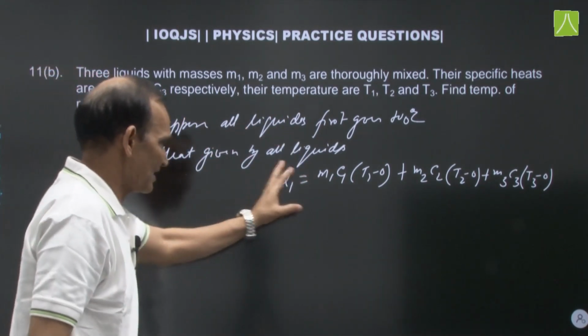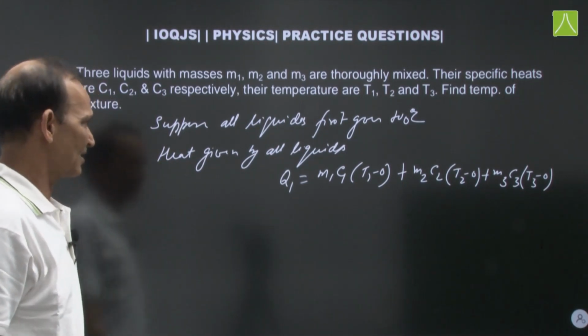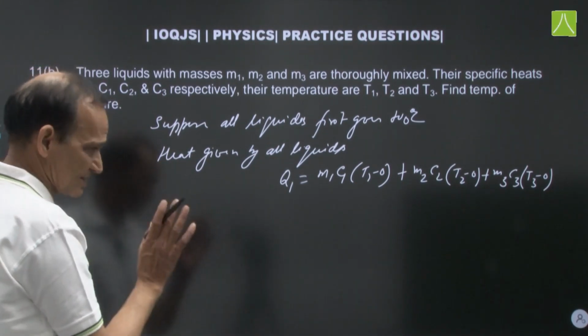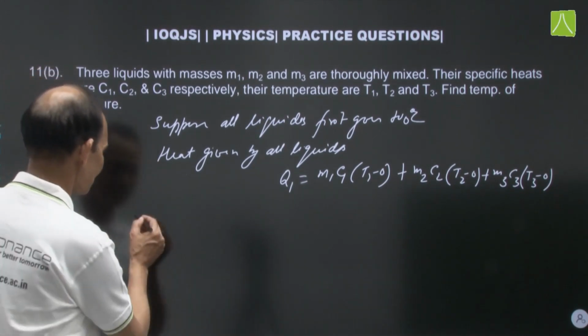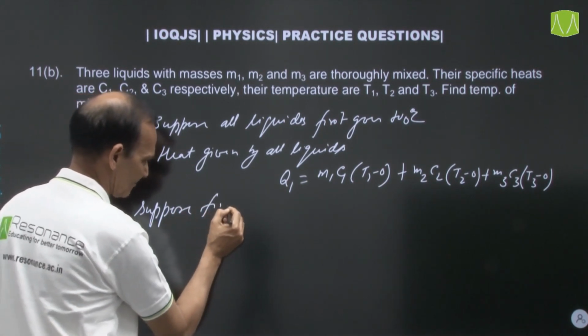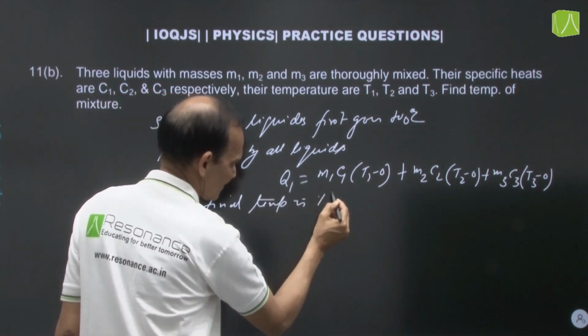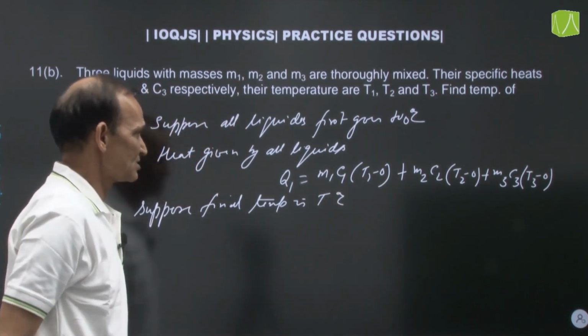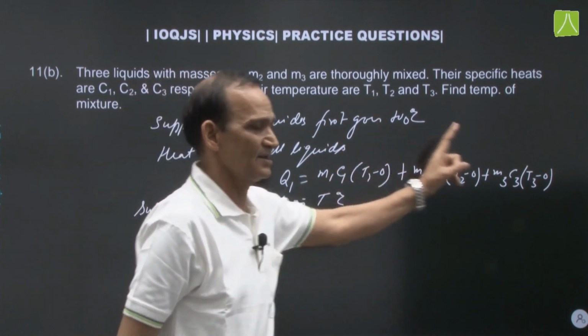Now this heat is liberated. All the liquids will give this heat. Due to this heat, the temperature of each liquid will move. Suppose final temperature is T degree Celsius. तो देखिए जीरो वाला first भी T पर जाएगा, ये जीरो वाला भी T पर जाएगा, ये जीरो वाला भी.